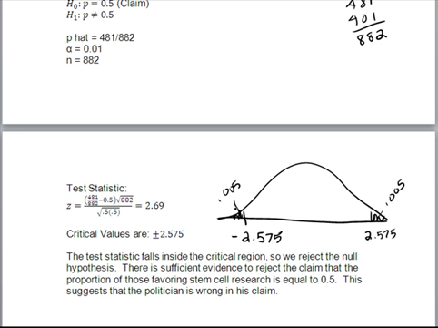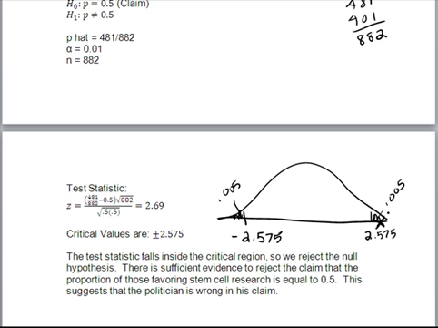So here's where our test statistic is falling. We can see it's inside the critical region, so we will reject the null hypothesis. That means, and again, page 391 is where you can get the wording: the original claim includes equality, and we reject the null hypothesis.